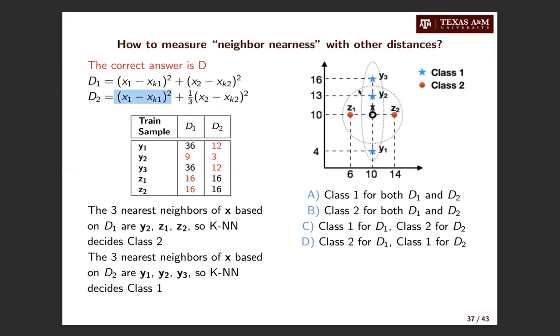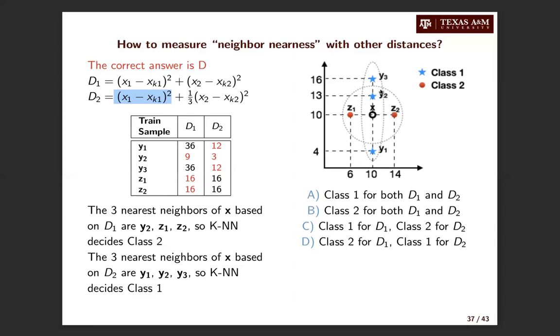So intuitively, it would be most probable that if we use D1, then that distance would capture this circle, and we would have to expand our circle in order to find the first 3 samples that belong to this circle, and based on the class of these first 3 samples, we would get a decision for D1.